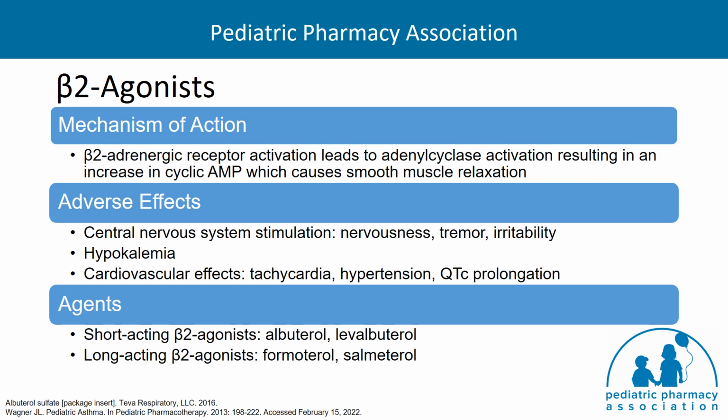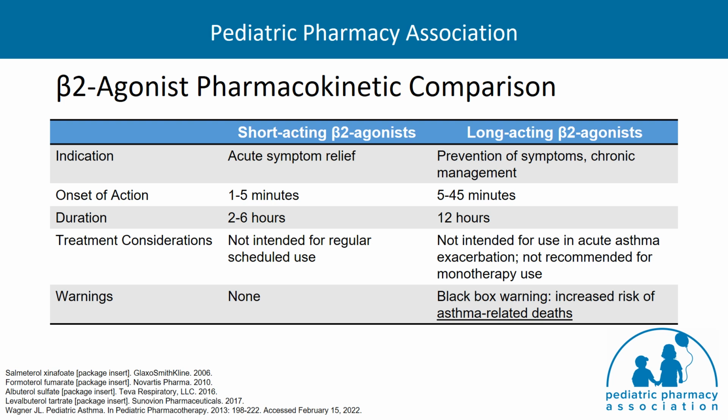Short-acting beta-2 agonists include albuterol and levalbuterol. Long-acting beta-2 agonists include formoterol and salmeterol. When comparing the short-acting and long-acting beta-2 agonists, you will see that the pharmacokinetic differences impact their indication and treatment considerations.